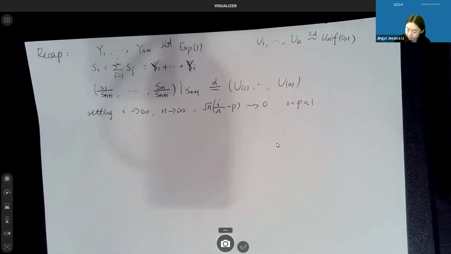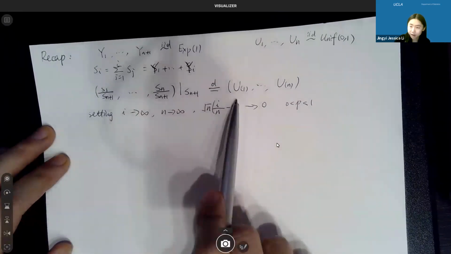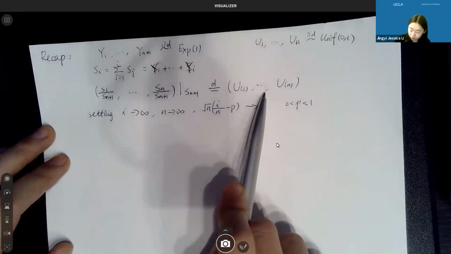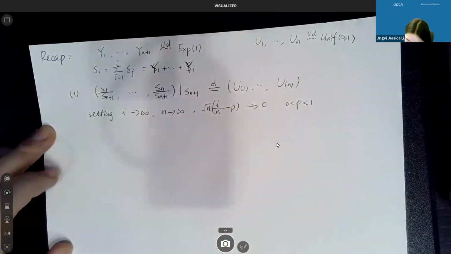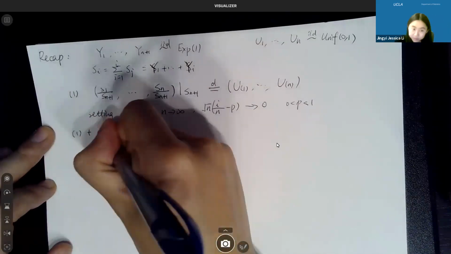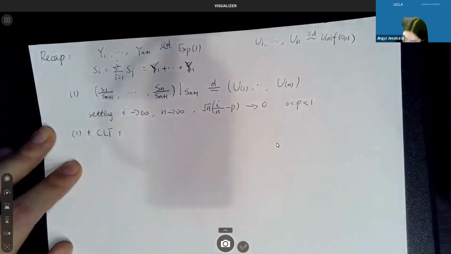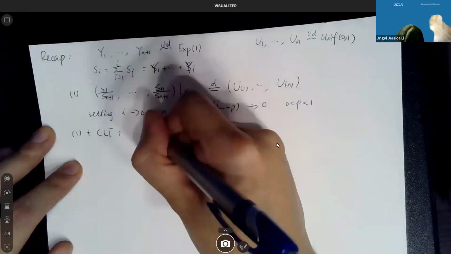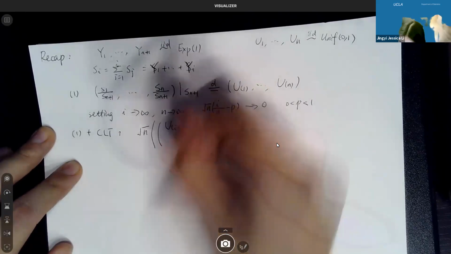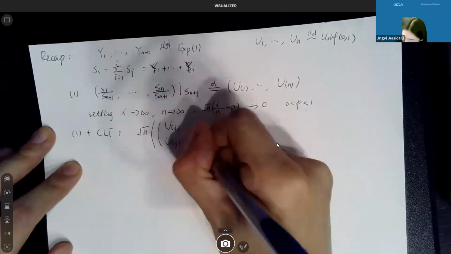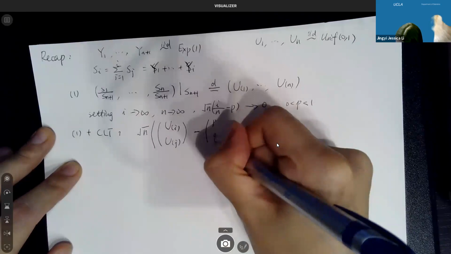Basically, from this result 1 and the central limit theorem, what gave us was the joint asymptotic distribution of root n times (U order i, U order j) minus (p, q).